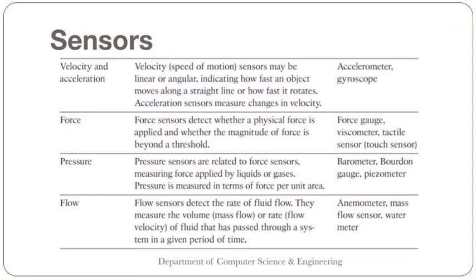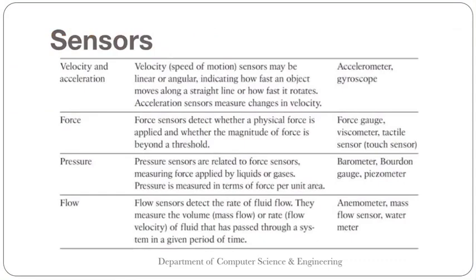Then we have pressure. Pressure sensors are related to force sensors, like applying a force or applying a pressure. So they measure force applied by liquid or gases; pressure is measured in terms of force per unit area. Okay, so barometer, Bourdon gauge, piezometer are the examples for pressure sensors.